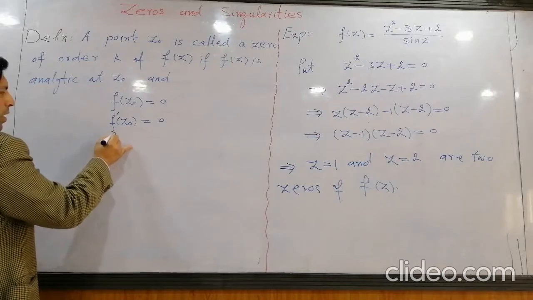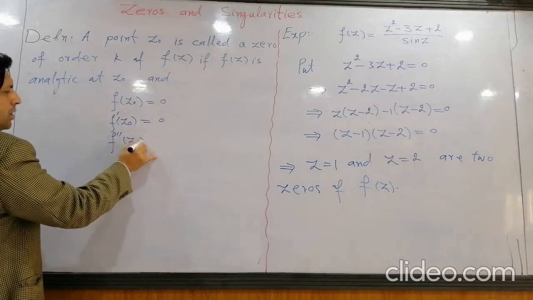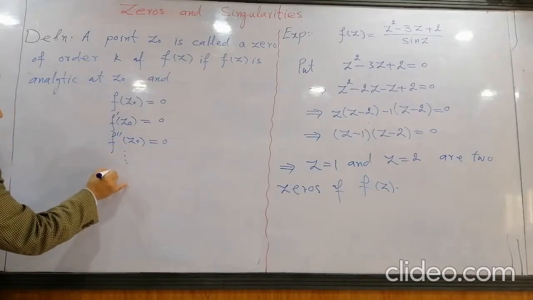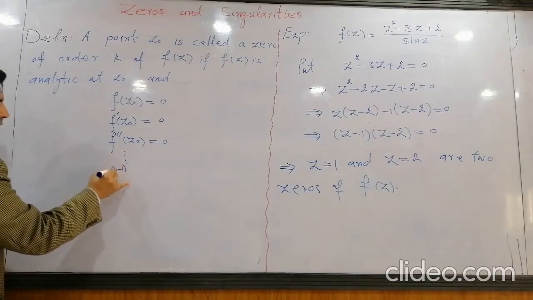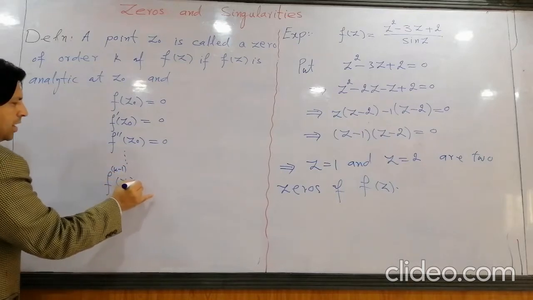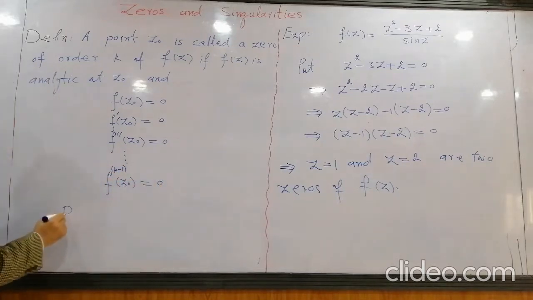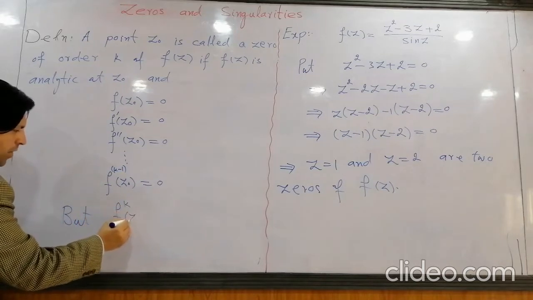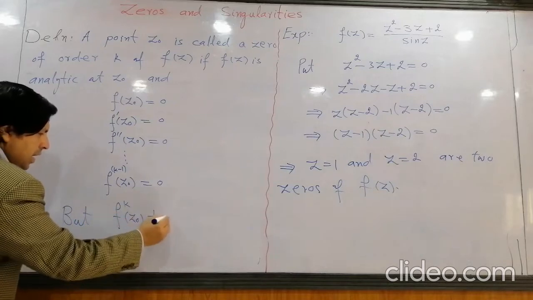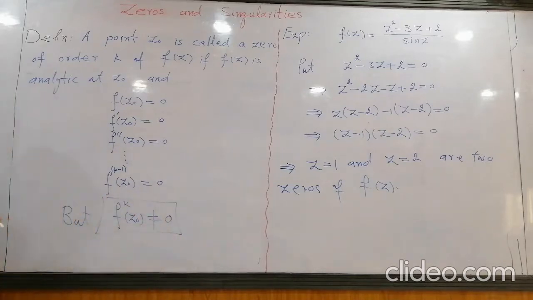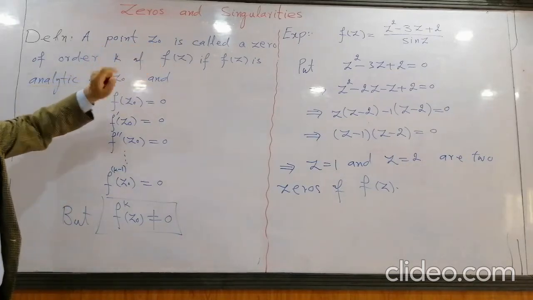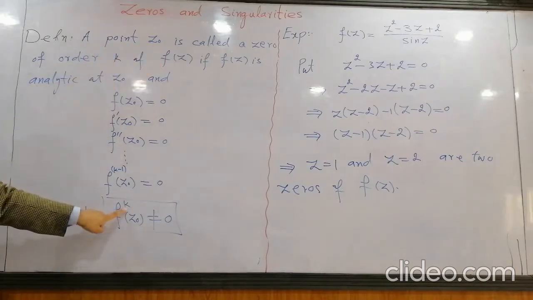Similarly, f double dash of z0 is equal to 0, and up to the k minus 1th derivative at z0 is equal to 0, but the kth derivative of the function at z0 is not equal to 0, then z0 is called a zero of order k, where k is a non-negative integer.